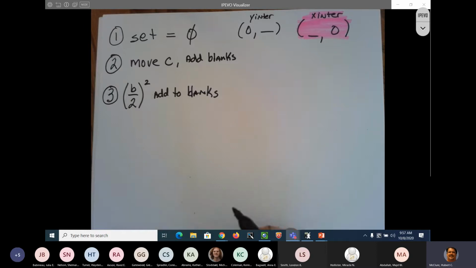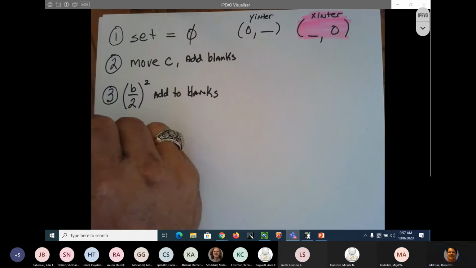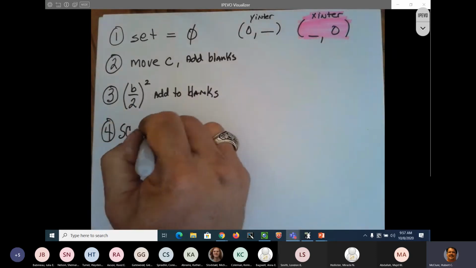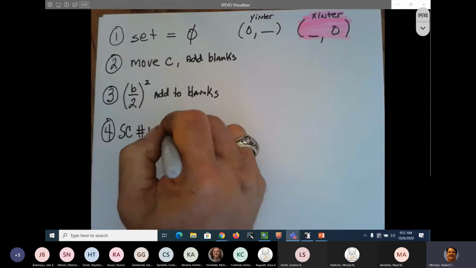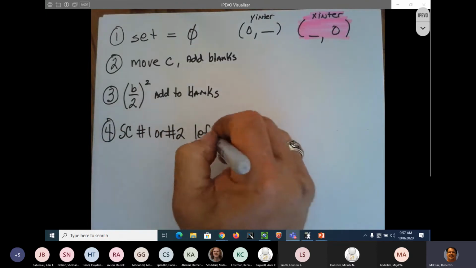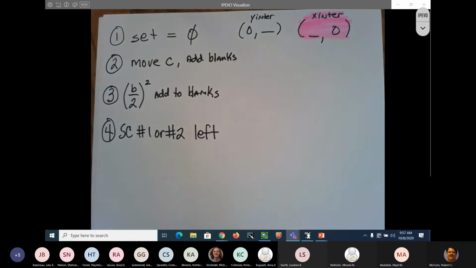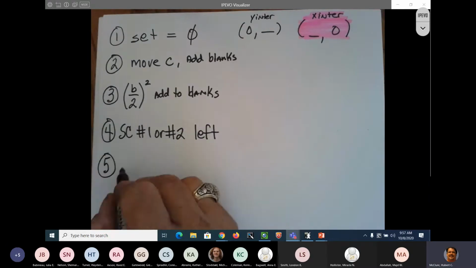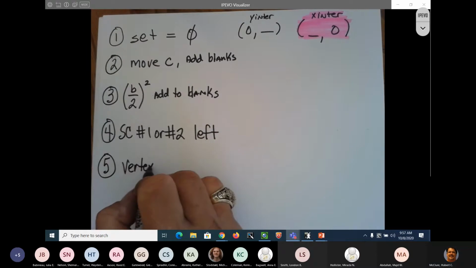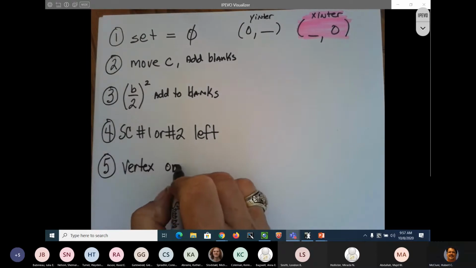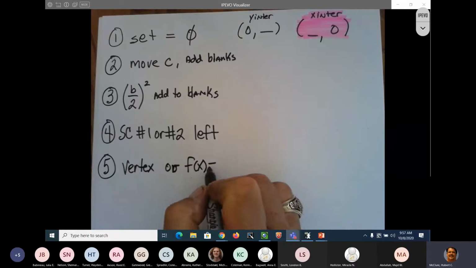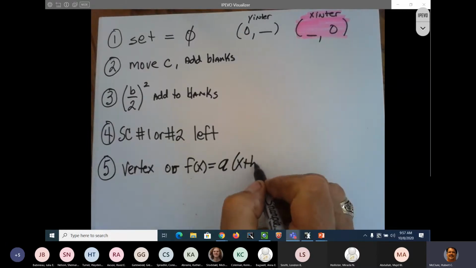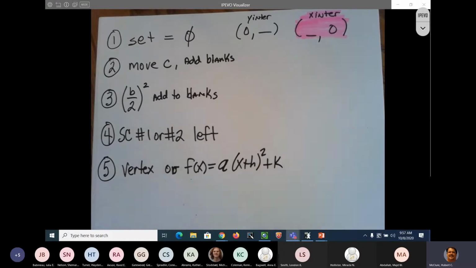Okay? So 4. After you do number 3, you have shortcut number 1 or number 2 on the left. 5, you have the vertex, or f of x is equal to a times (x plus h) quantity squared plus k.